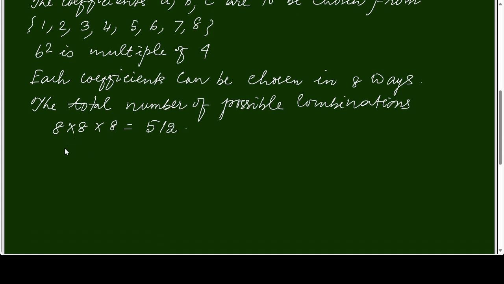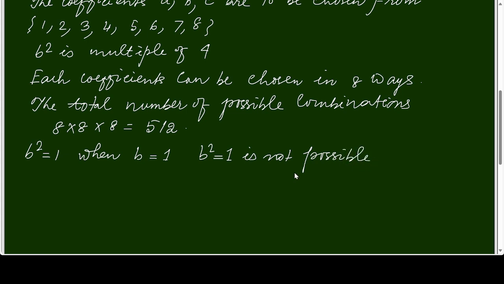So now let us come to b. B cannot be 1. B square is equal to 1 when we take b equals to 1. So b square cannot be 4 times of ac because they are positive integers. So b square equals to 1 is not possible. After b equals to 1, let us take b equals to 2.